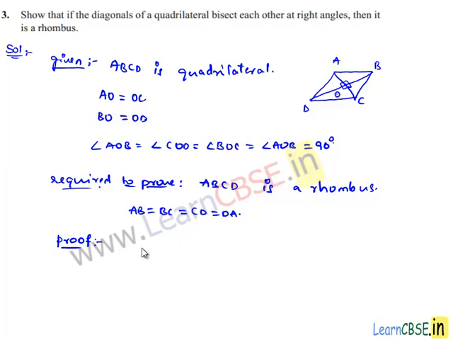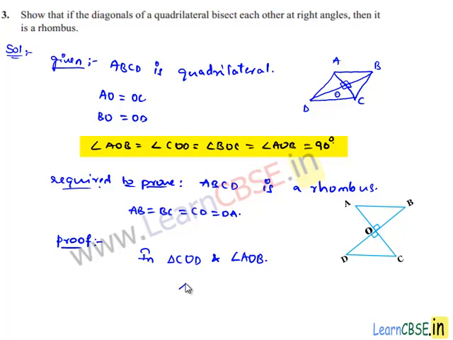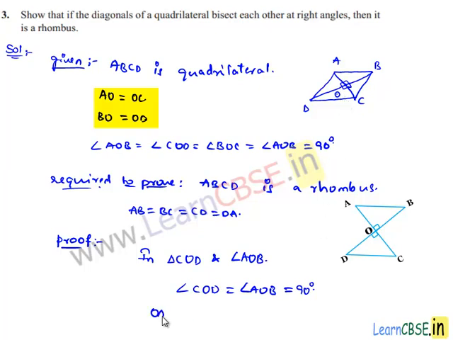Now in order to prove this, let us consider two triangles, that is triangle COD and triangle AOB. In these two triangles we can say angle COD is equal to angle AOB is equal to 90 degrees, which is given, and it is also given that OA is equal to OC or AO is equal to OC as diagonals bisect each other perpendicularly, and also we can say OB will be equal to OD from the given.